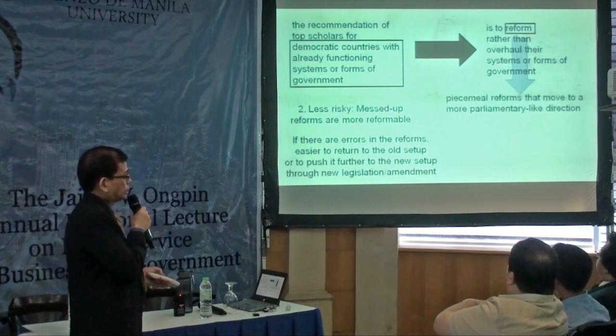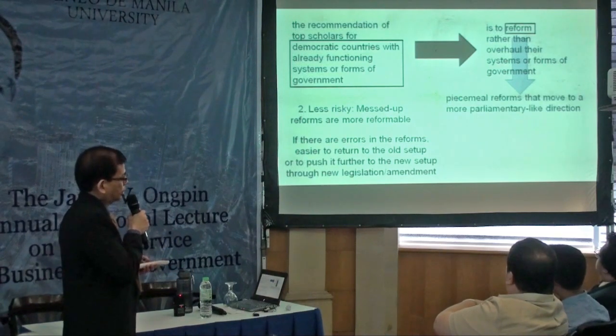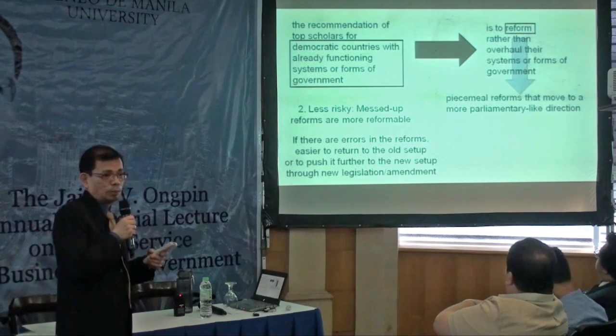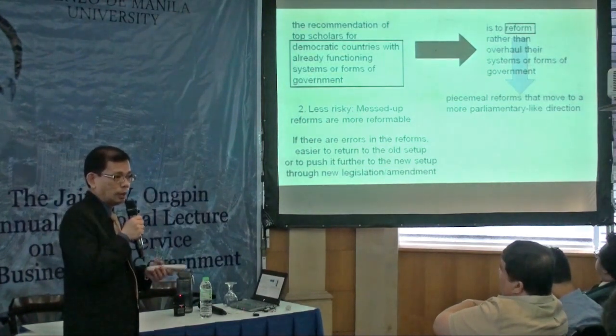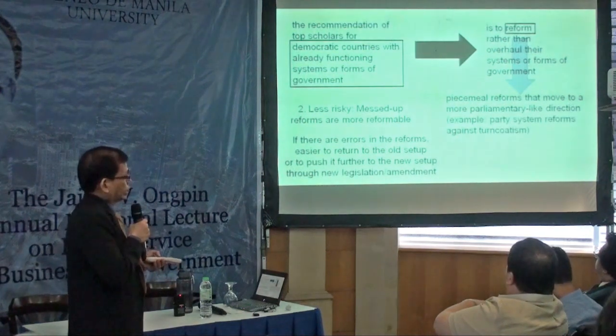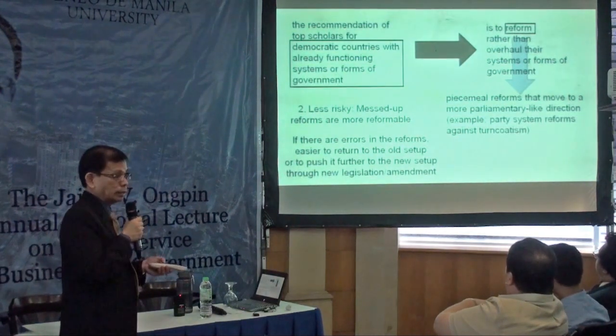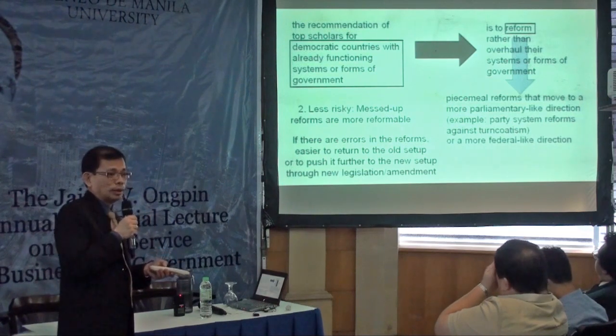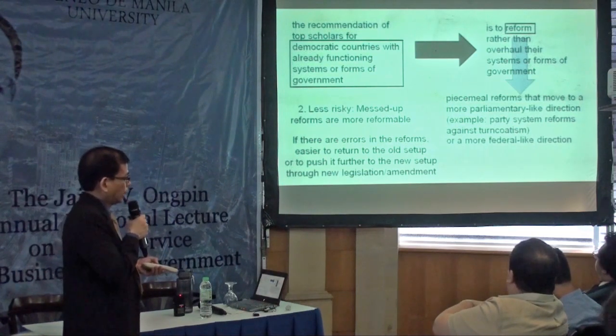Thus, piecemeal reforms that move to a more parliamentary-like direction, if you're a fan of a parliamentary form. For example, party system reforms against turncoatism. Or if you're a fan of federalism, more federal-like direction.